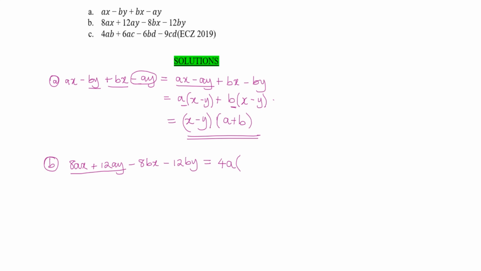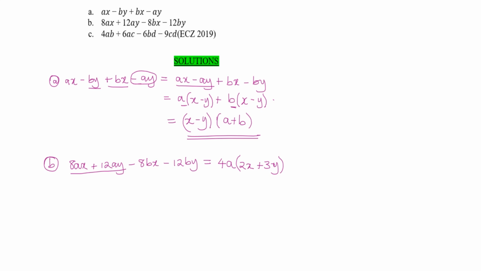Then we say 8ax divided by 4a just gives us 2x, plus 12ay divided by 4a will just give us 3y, and we close the brackets.